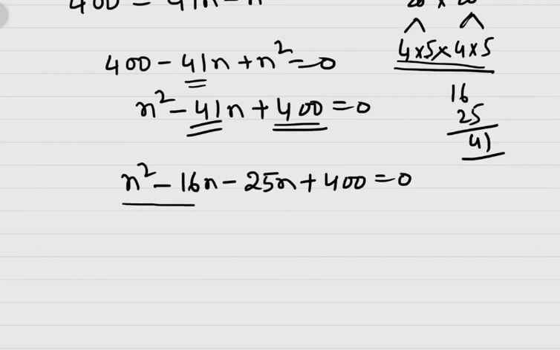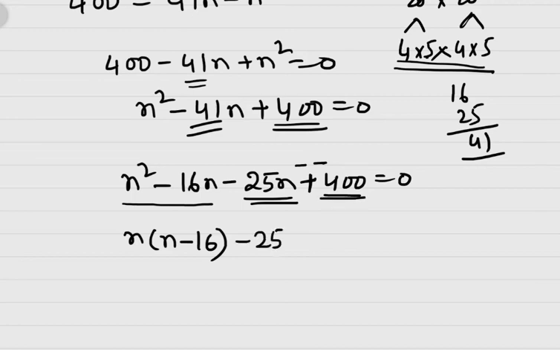So in these two you will get n common. So n minus 16, and here you will have to take minus also common because one plus is made up of two minuses, and then 400 is a multiple of 25, so minus 25 will come as common, and you will be left with n here, and then out of the plus, one minus is taken outside, so one minus remaining, and 400 is nothing but 16 into 25.